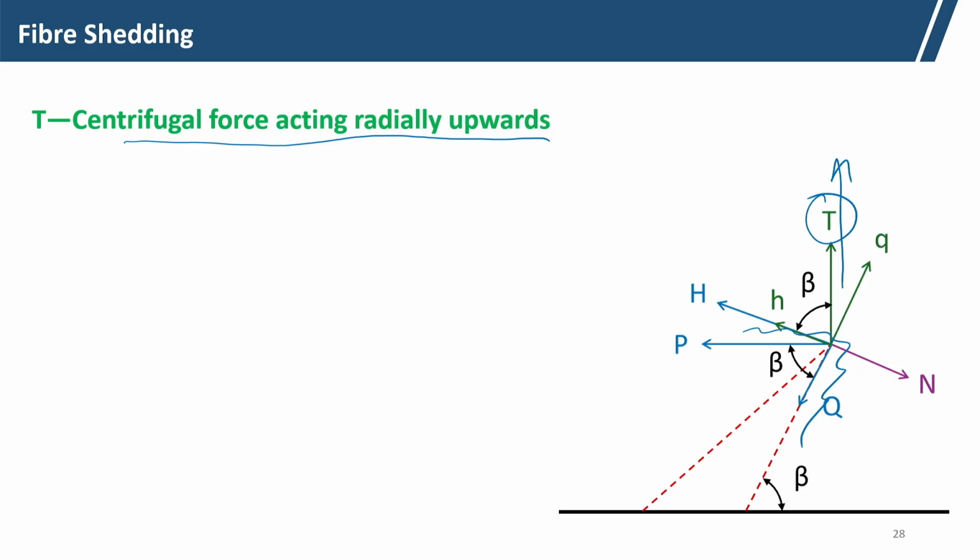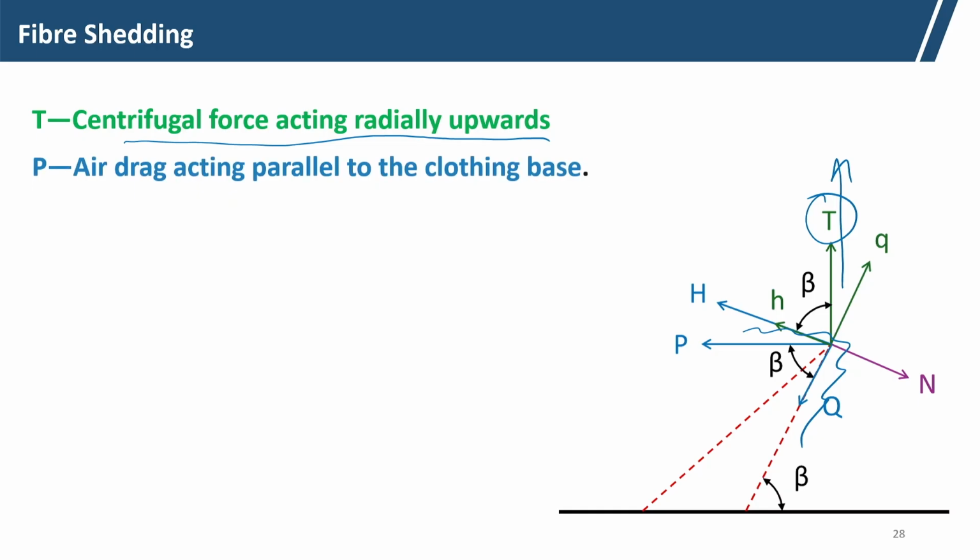The cylinder surface will be transferring the fiber from the cylinder surface to the doffer surface. So, higher centrifugal force means higher chances of fiber shedding, and air drag acts parallel to the clothing. So, P is the air drag.